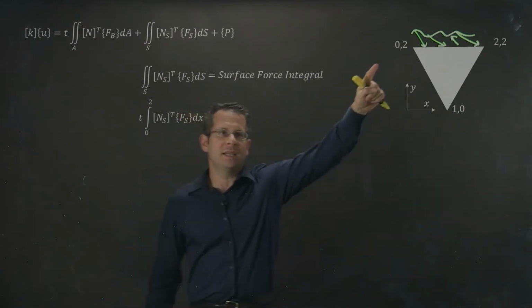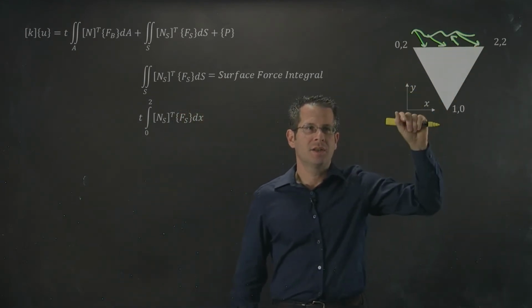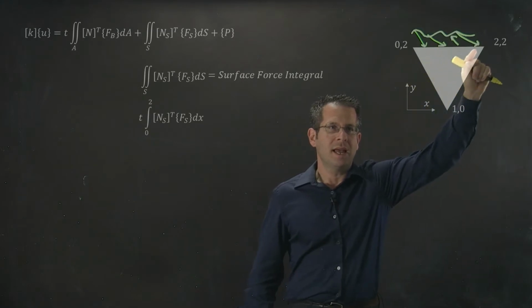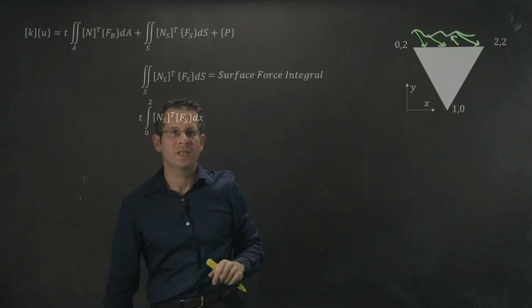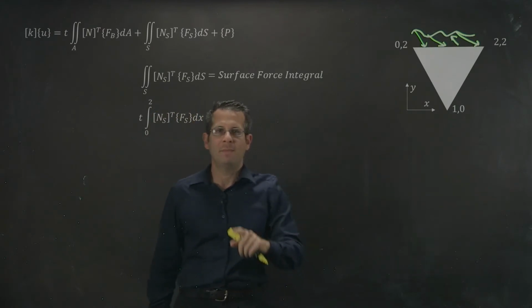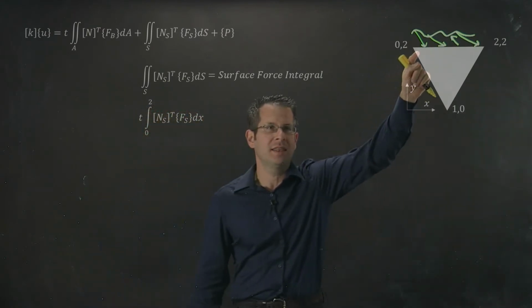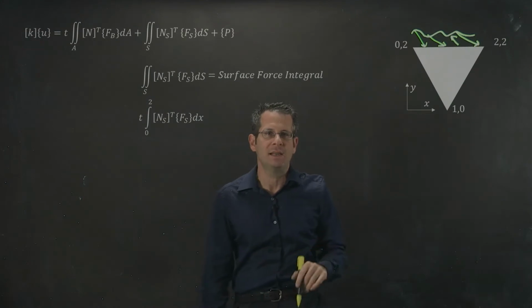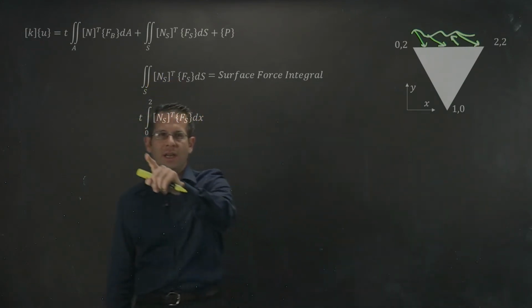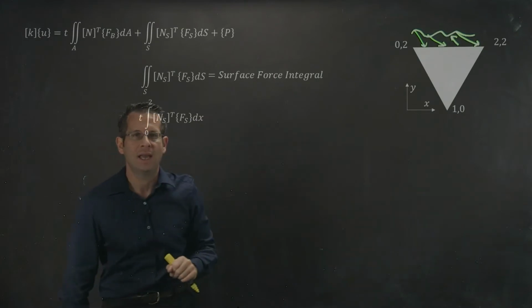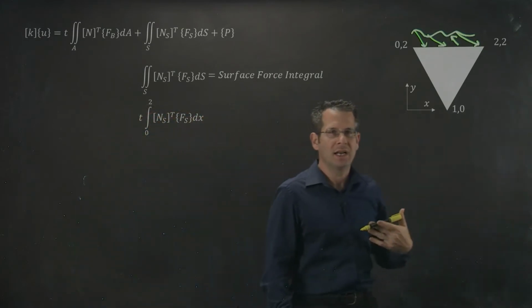Since it's a surface, but it's a constant thickness, I can take this surface integral, which is an area integral, and because I know I have constant thickness, and since I know I can't have any z dependence, I can convert this area integral to a thickness times a line integral.